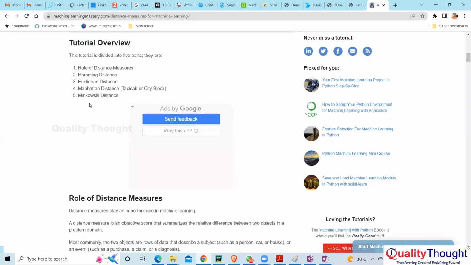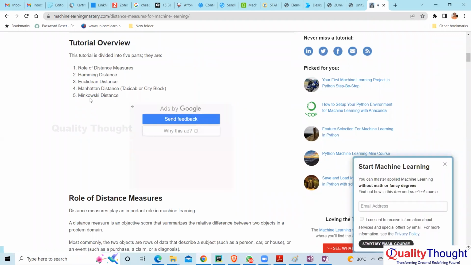I'll find the notes and I'll update them in PDF in the same location. So you have Hamming distance, Euclidean distance, Manhattan distance and Minkowski distance. Most common is Euclidean distance.